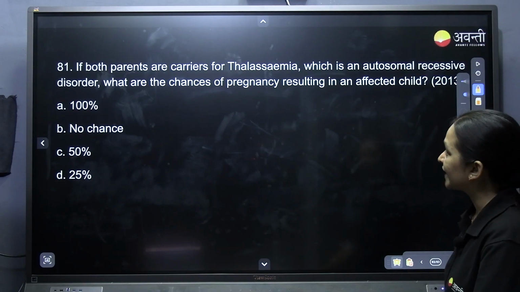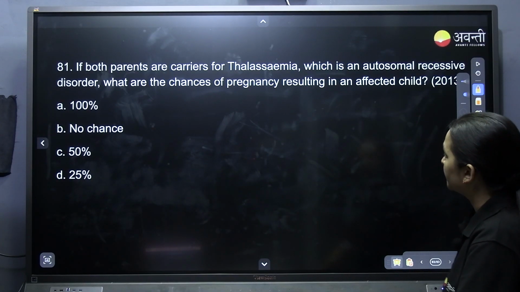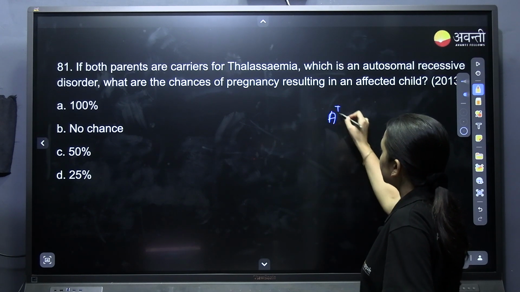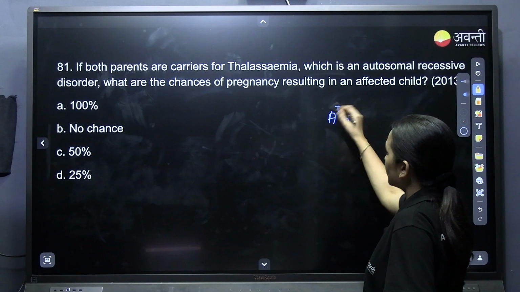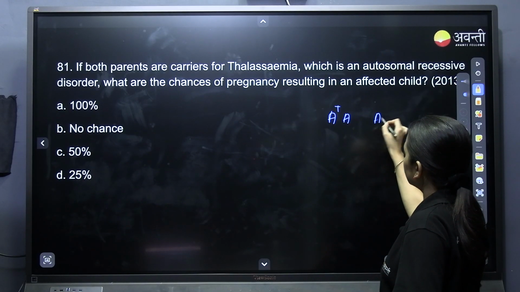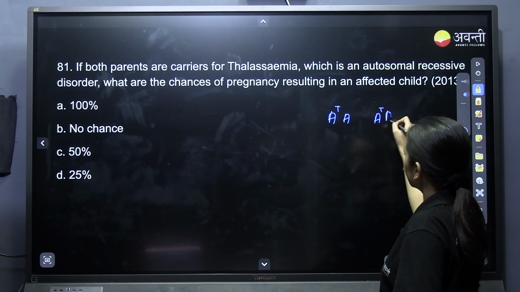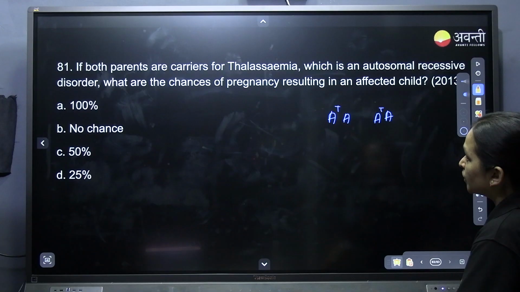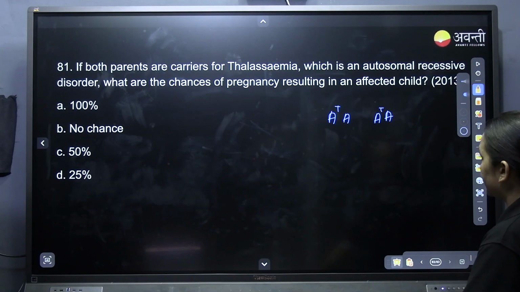If both the parents are carriers for thalassemia, for example autosomal thalassemia, both are carriers, which means in one of the alleles the abnormal thalassemia gene is there, which is an autosomal recessive disorder. What is the chance of pregnancy resulting in an affected child?